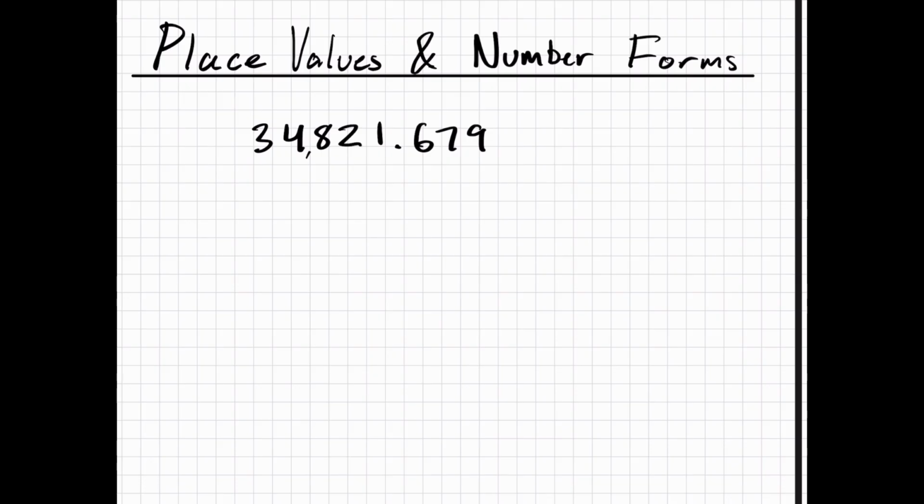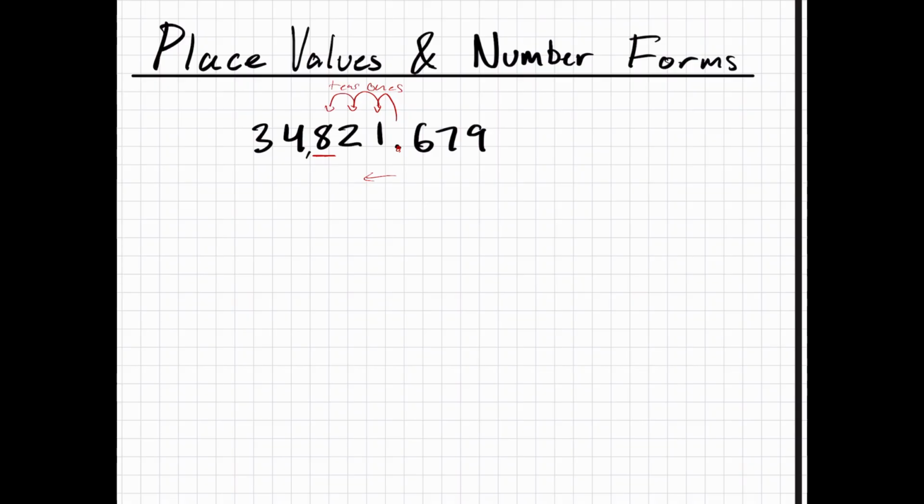Now, if I was to ask you, what is the place value of the 8? Okay, so how do we do this? What is the place value of the 8 in this number? So we find the 8, and then we figure out, okay, so here's the decimal point. So the 8's this direction, so let's go over. This is the ones place, okay? If we go over again, this is the tens place.